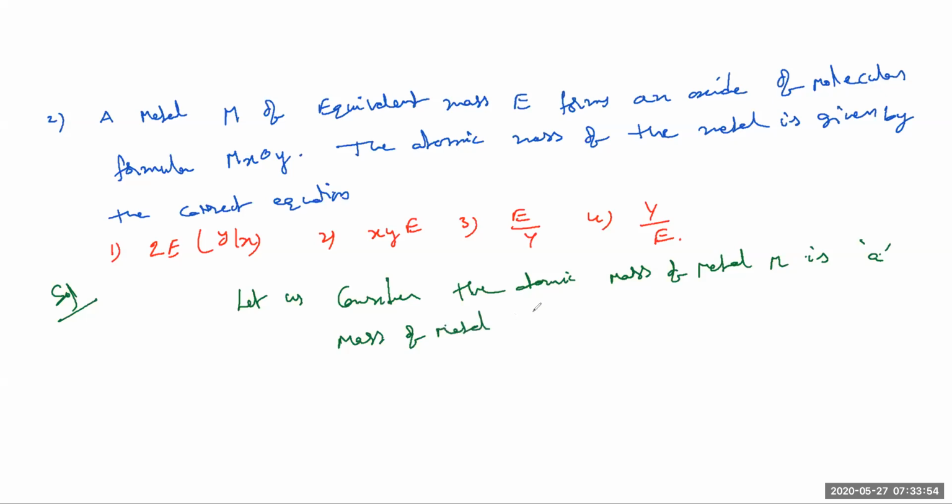We don't know what is multiplied with the x. x is the valency, right? MxOy means ax. Similarly, mass of oxygen is 16y. The oxygen mass 16, you know that one, right?